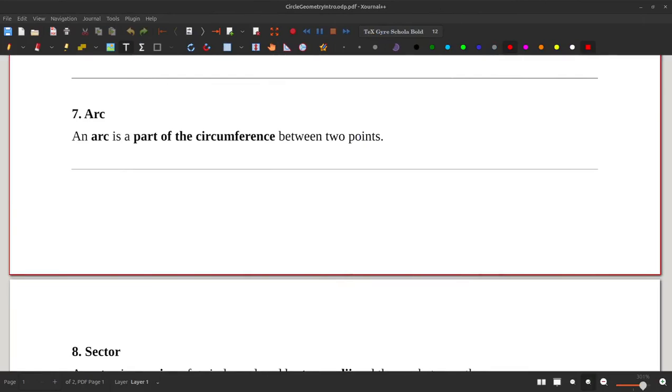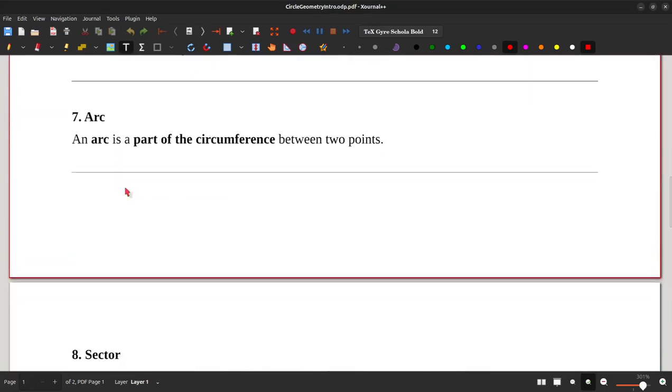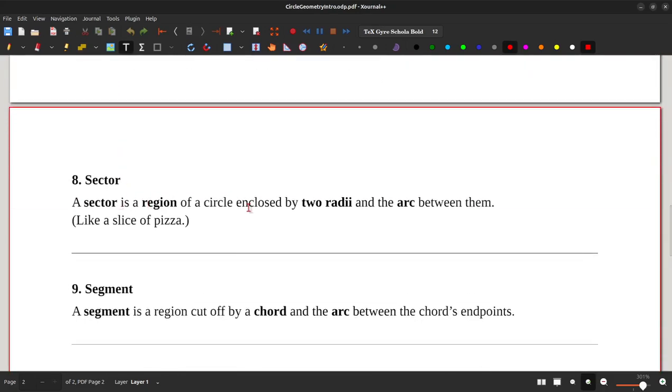Now we are going to a sector. What is a sector? It's a region of a circle enclosed by two radii and the arc between them. Now let's say you have a circle here. Please don't judge me, that's not a perfect circle.